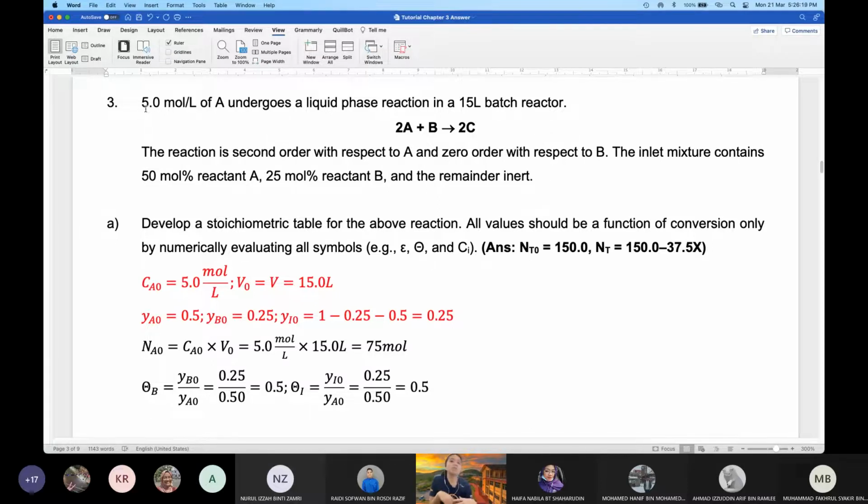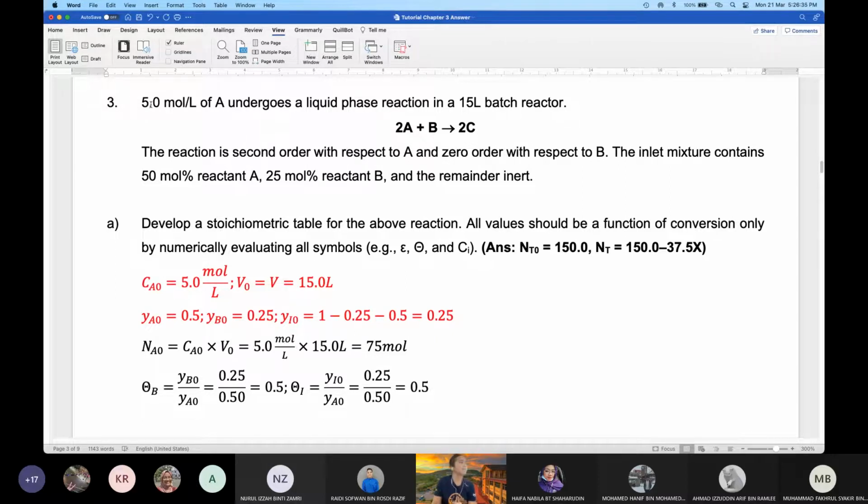CA0 is the concentration before the reaction takes place. CA is the concentration when the reaction takes place. In this case it says undergoes, meaning it has not yet undergone the reaction. So this is the initial concentration.